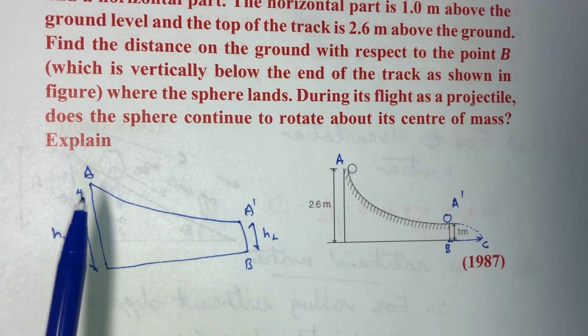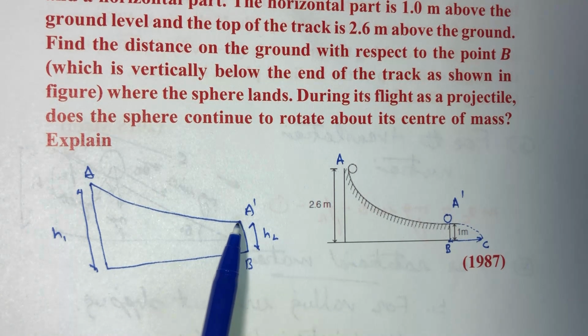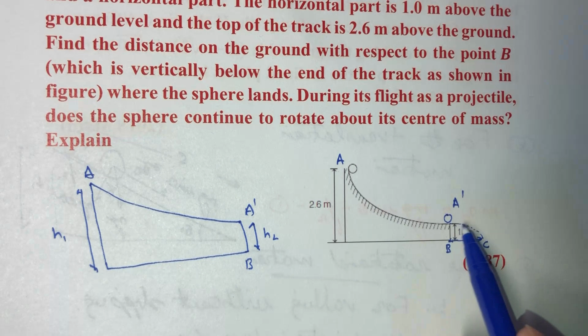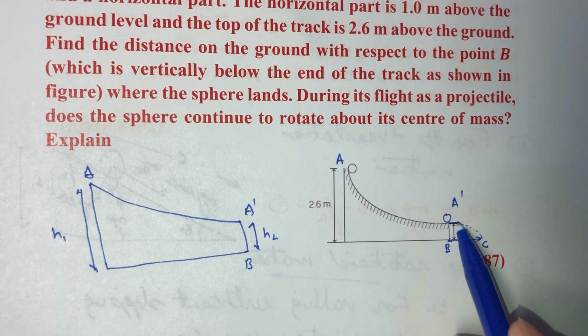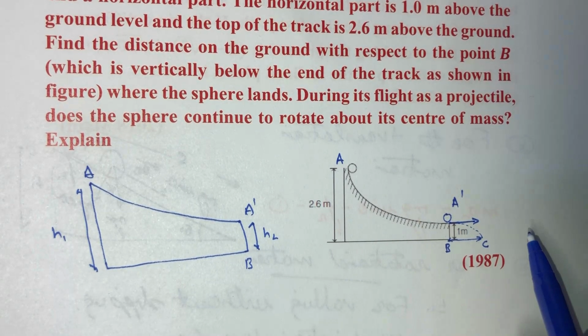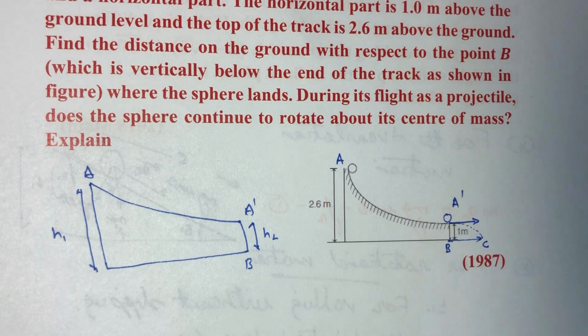The ball starts from A, and finally at A prime it is more or less a horizontal part. So the projectile will be traveling something like this with some velocity. We'll find out later what this velocity will be.